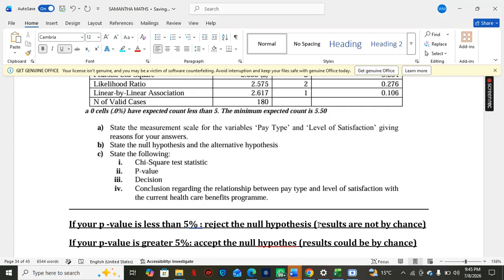Are we okay with this, colleagues? The p-value rule is one way of making a decision for your test.